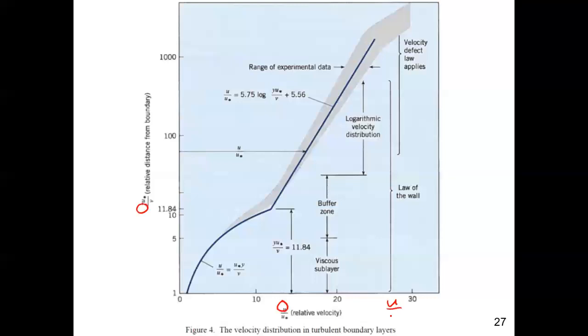So U over U star, where U star is known as the shear velocity, and it's equal to the square root of tau 0 over rho. And then you see kinematic viscosity and U star also on the vertical axis. And whenever you see the same variable on both axes, you run the risk of, in statistical nomenclature, spurious correlation. So I won't go into that, but again, this is a classic diagram.